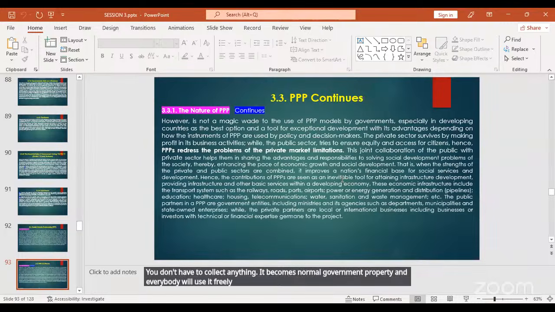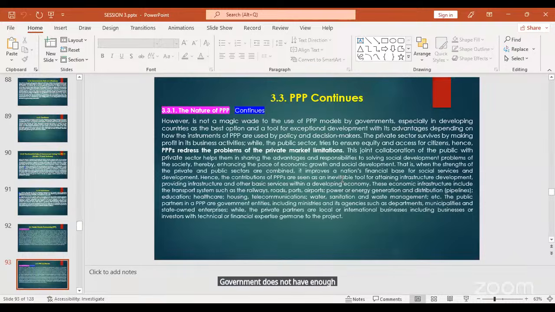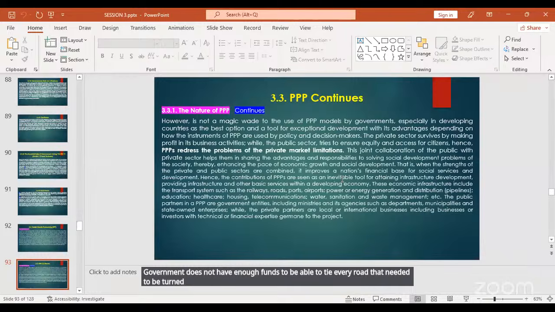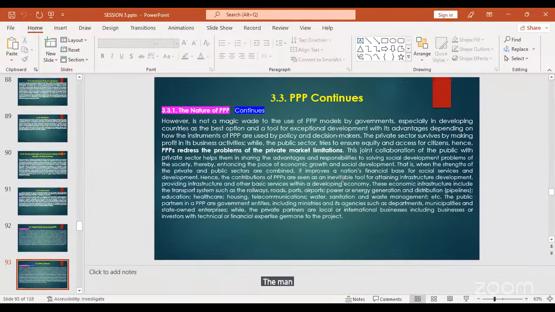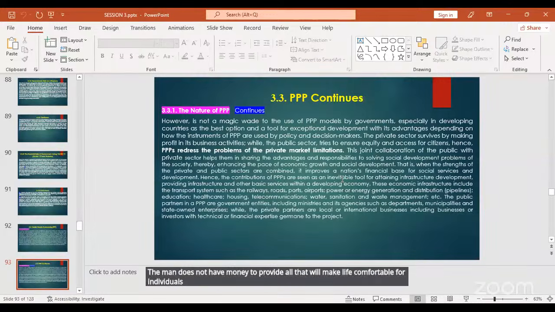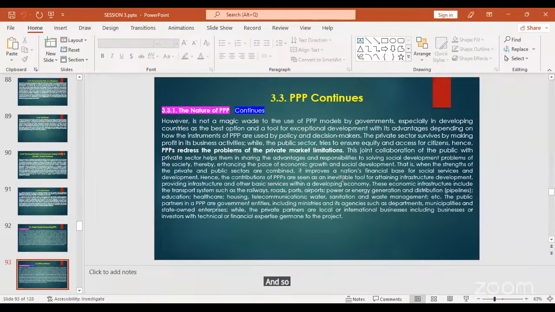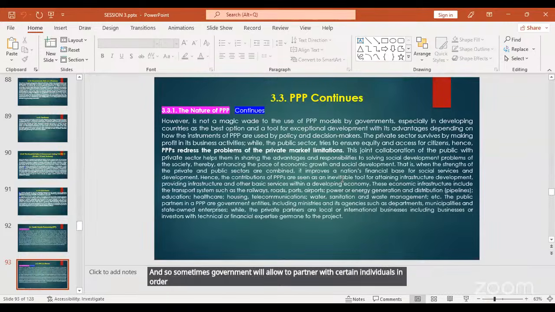Government does not have enough funds to tar every road that needs to be tarred. Government does not have money to provide all that will make life comfortable for individuals. And so sometimes government will partner with certain individuals in order to go into such businesses.